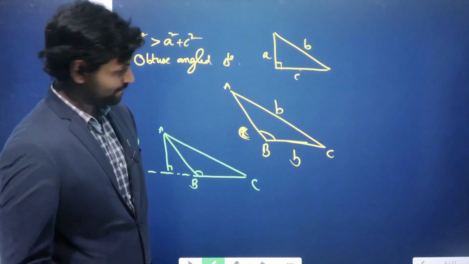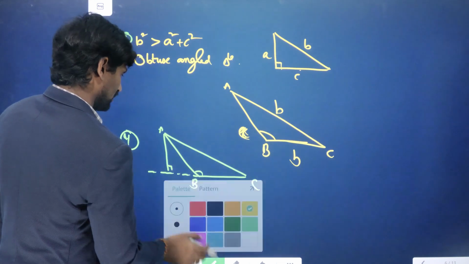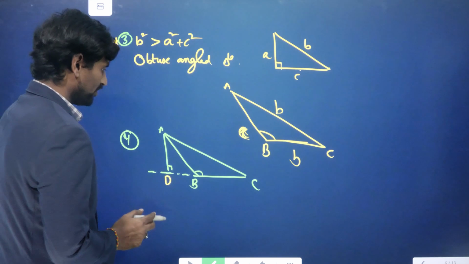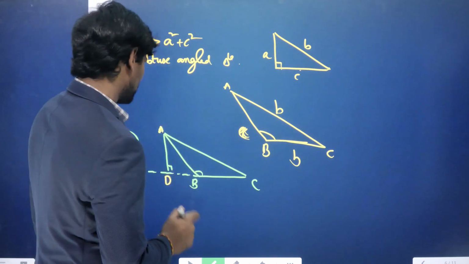For example, if you take the letter D here, we need to prove that. Let us try to prove this theorem. So let me draw the diagram properly.